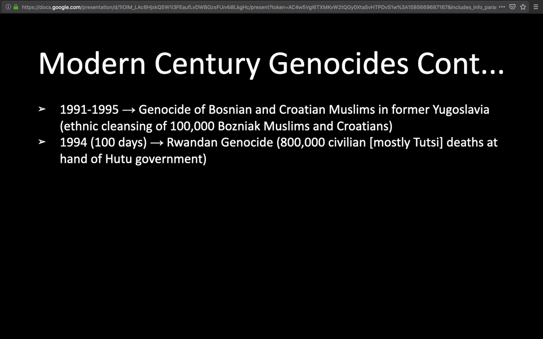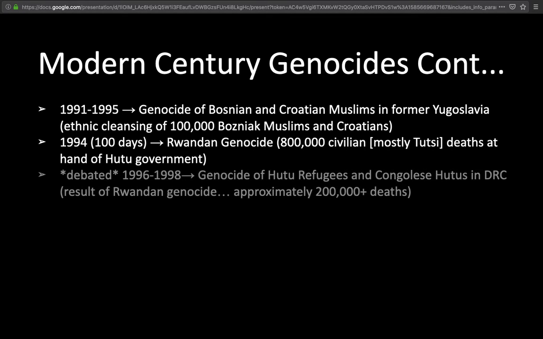We're going to look at that one a little bit later, but this genocide actually opened up the door for what is debated as a genocide. Through my study and my reading and my understanding, to me, this fits all the criteria of a genocide, but naming it that is accusing Rwanda of perpetrating genocide, and I don't know that the international community is ready to do that.